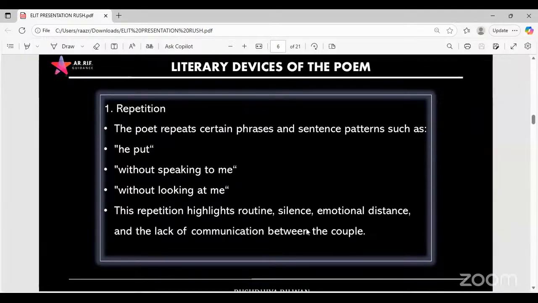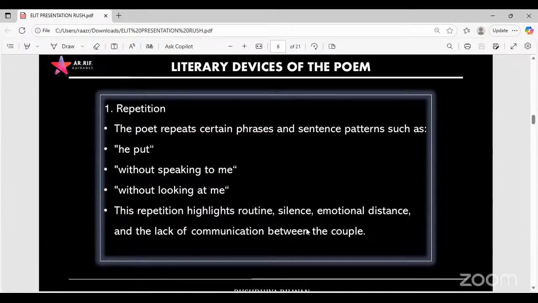Okay, now let's look at the literary devices used in this stanza. The most important one is repetition.